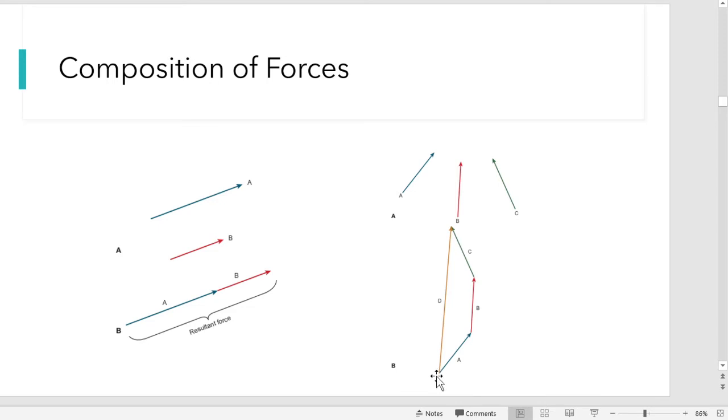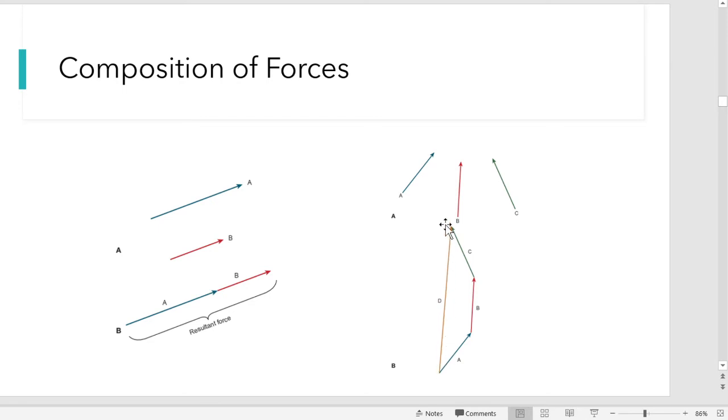So if you're going to draw it in a graph, and you use a scale, scaling is very important in this one. Let's take for example, this is 2 centimeter length for force A, 3 for B, and C is equal to 4, so 4 boxes. The same amount in scaling will be here.